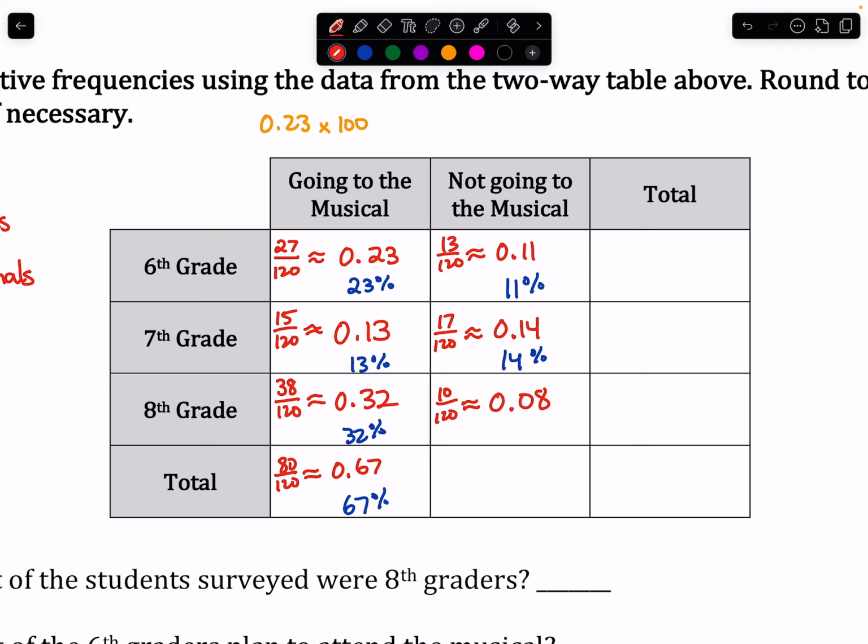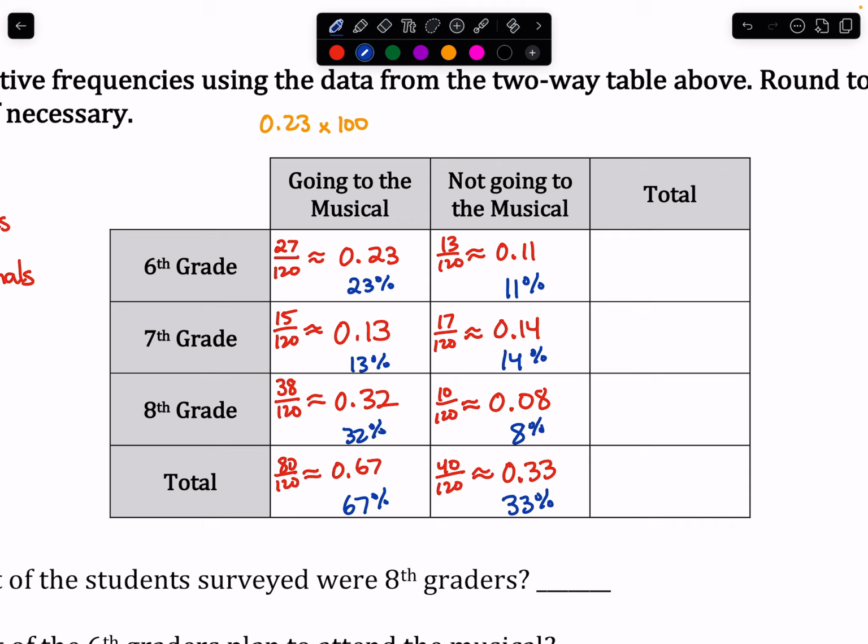So the total number of students not going was 40 out of 120, which is 0.33 or 33%. Oops, and I forgot, the 8th grade is 8%.